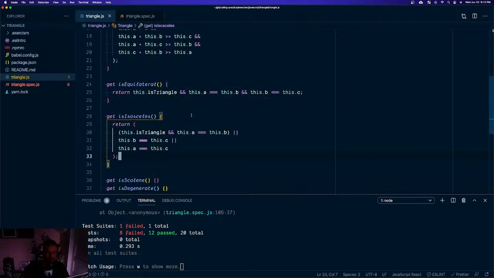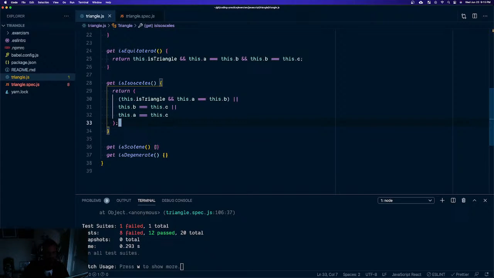Okay, got more passing. Scalene would be not the other 2, right?